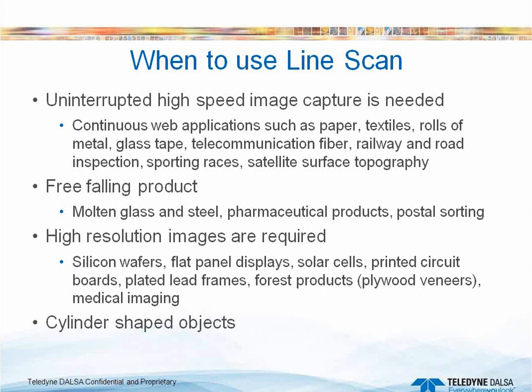Also, when you need really high resolution, like for example wafers, flat panels, displays, solar cells, printed circuit boards, plywood, or any kind of medical imaging. And also cylindrical shaped objects, so things that would actually rotate.